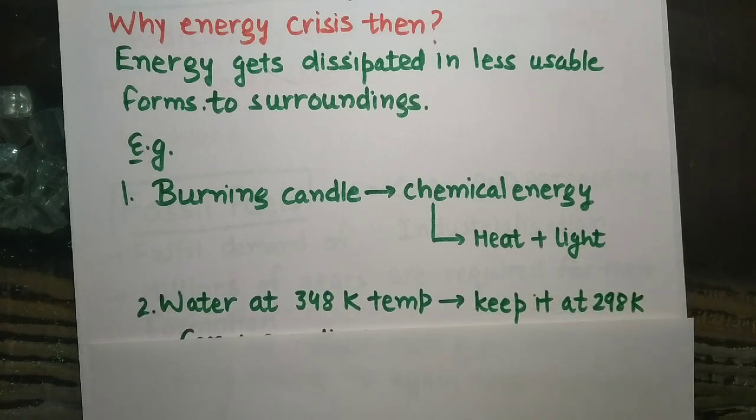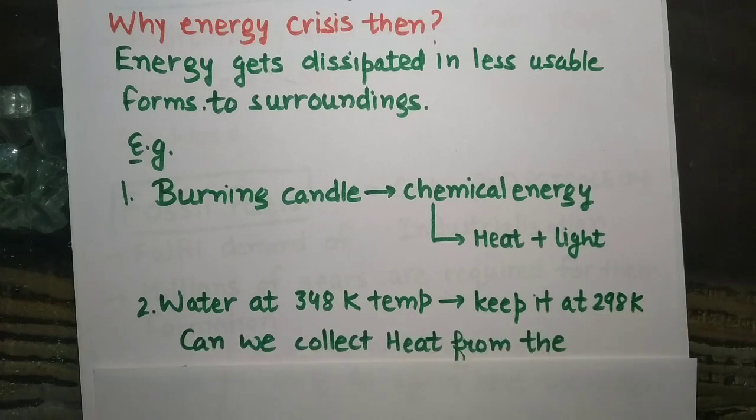The second example is, if we keep water at 348 Kelvin temperature first, and then we take that water container and keep it at 298 Kelvin temperature. Obviously, the temperature is low, so the water will get cooled by leaving the heat to the surroundings.